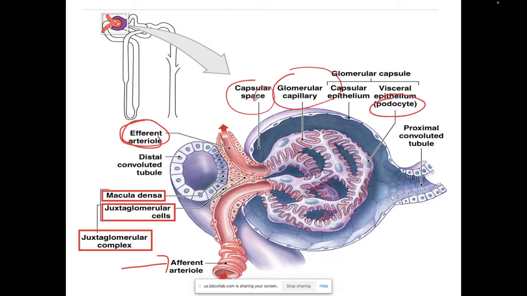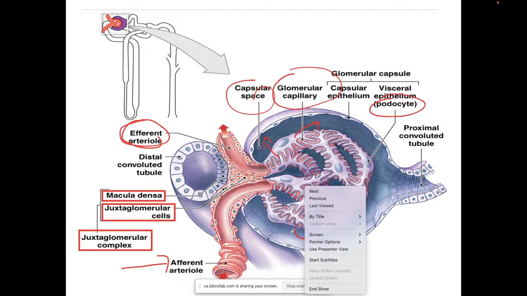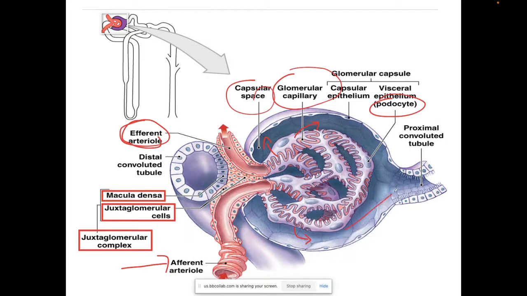Here's the capsular space. So the filtrate is pulled out here, right, into this capsular space, and eventually it will move into the proximal convoluted tubule.